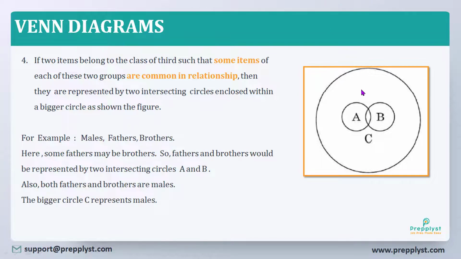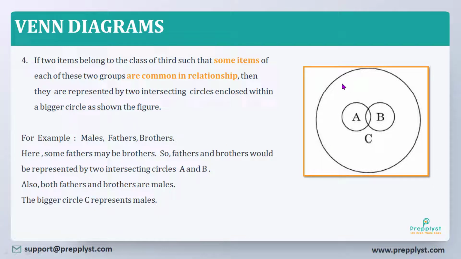Next, if two items belong to the class of the third, such that some items of each of these two groups are common in relation. So as you can see, there is some overlapping portion in the two circles A and B. So these two circles are intersecting and they're enclosed within a bigger circle, and there's some common overlapping portion in these two circles. For example, if you have males, fathers, and brothers, then all fathers and all brothers are males.